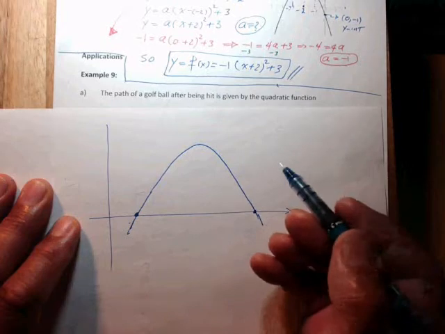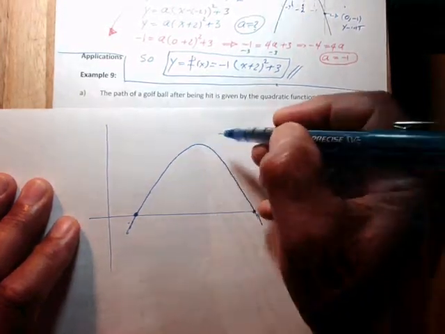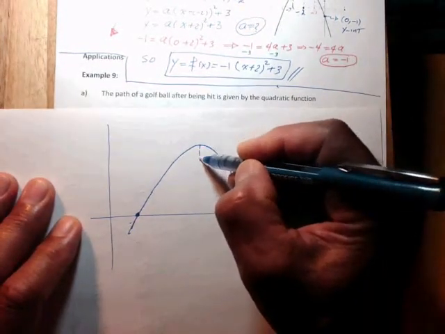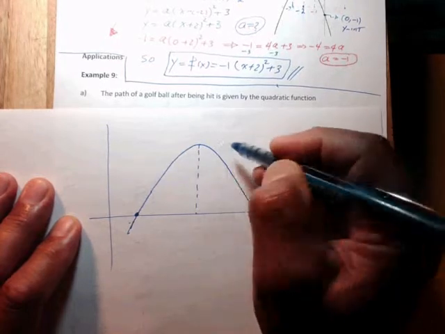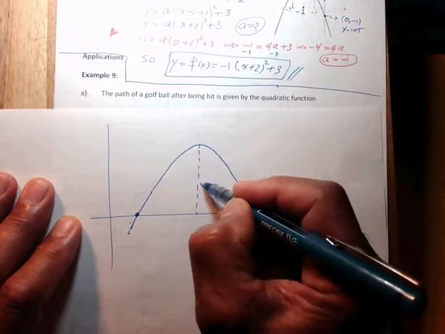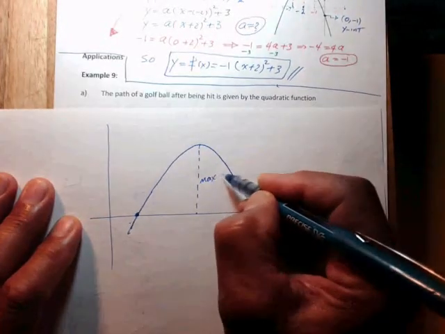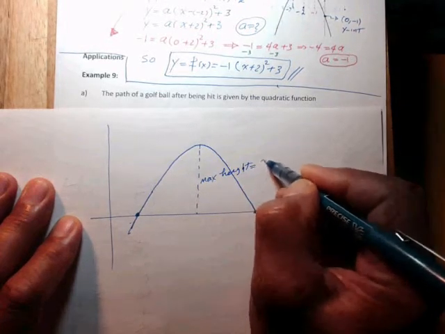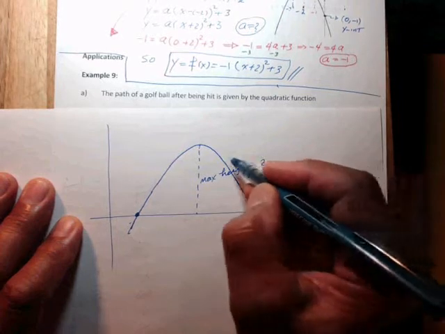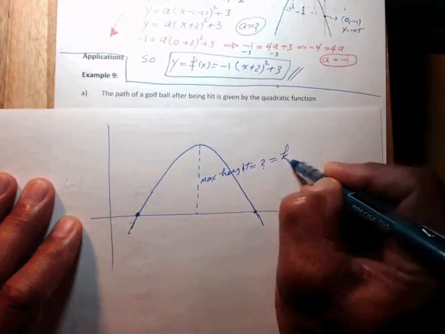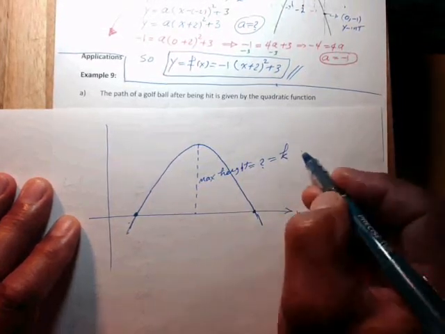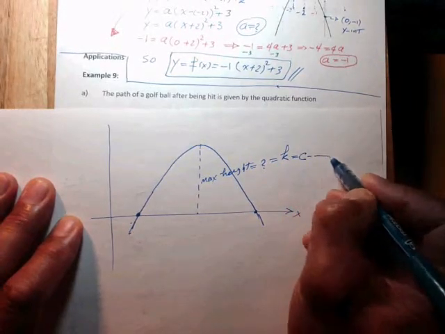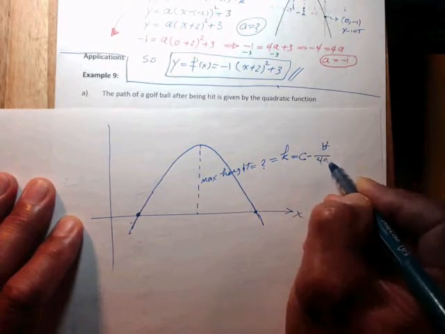The two questions asked here: first, what is this maximum height? Because it's a parabola, the maximum height is k. k is c minus b squared over 4a.